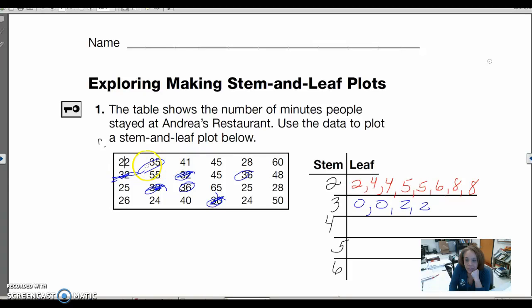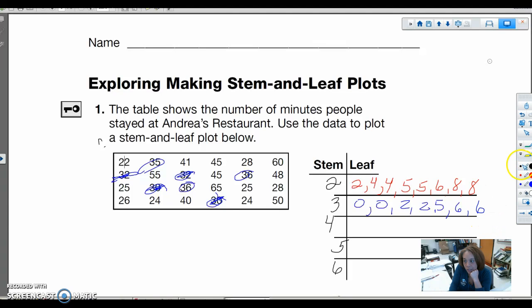Then I have a 35, so comma 5, and then two 36s, so comma 6, comma 6. So now when I look back, my stem, or my main number, is 3, and my leaf would be the second digit, so 3, 0 together makes 30. Another 30, a 32, a 32, 35, 36, and 36.